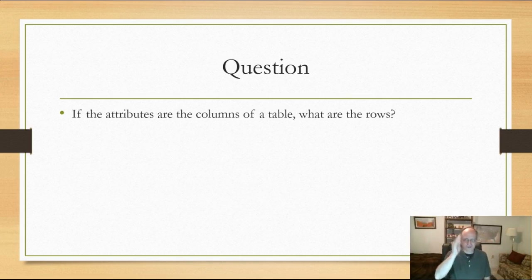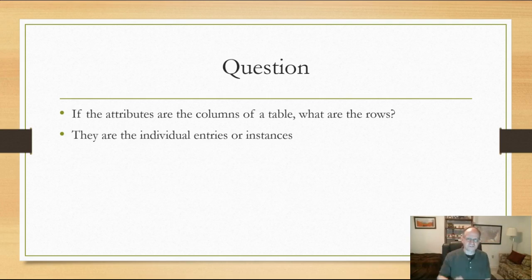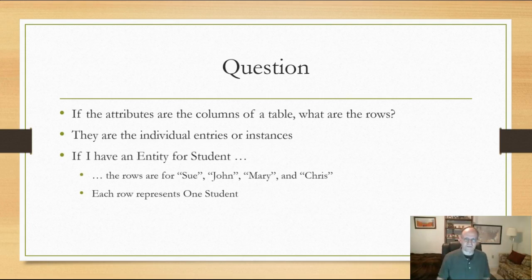So imagine a spreadsheet. We have columns here that describe things. We have, like we said before, birth dates, graduation, GPA. So the rows then are the horizontal, the individual entries or instances of an entity. For example, if I have an entity for student, each row represents one student, such as Sue, John, Mary, or Chris.